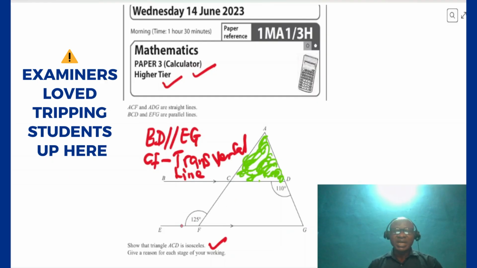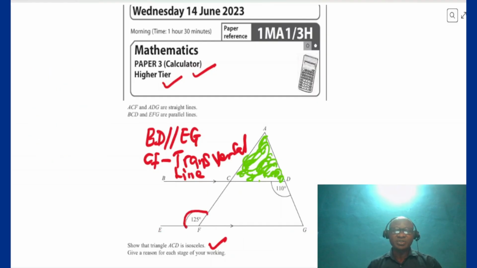Now watch out and see that angle EFC is given to us as 125. The same EFC is an alternate angle to DCF. So I can write that DCF is equal to 125 degrees.